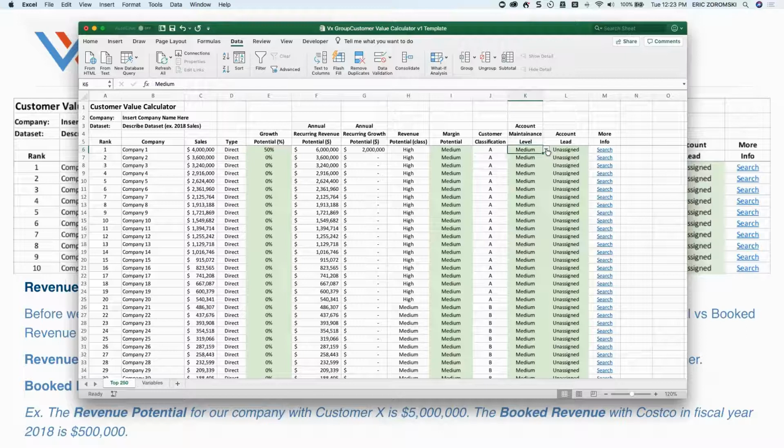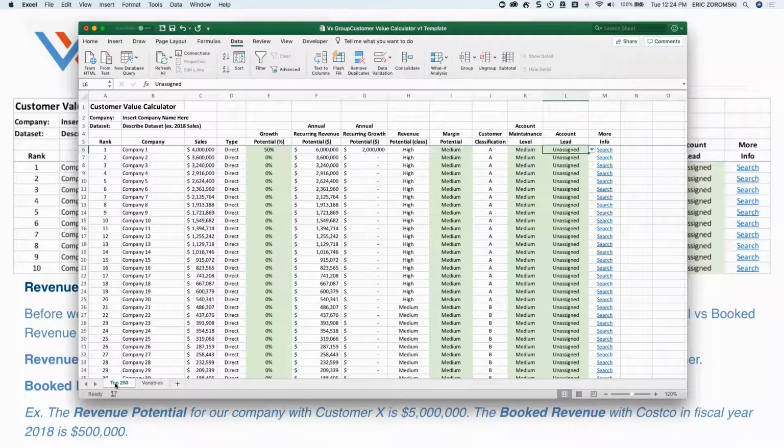So we want to consider that as part of what I would call the load that we might put on an account manager or a sales executive. Then within this tool, you can assign account leads as well. I've also set it up so that it'll automatically do a search based on what information's in the company field. So if you've got a deep client list and you don't recognize a company, you can do a quick Google search.